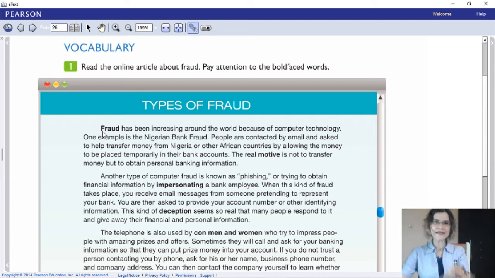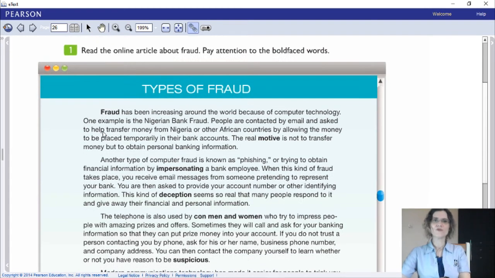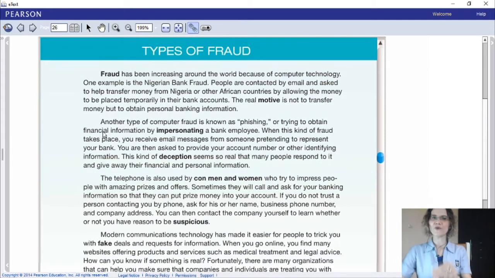So I'd like you to read the online article, Types of Fraud, and pay attention to the bold-faced words. And if, for example, it is hard for you to know what it is, you can look it up, use a search engine, write down the explanation, or maybe you would want to write on top of the bold-faced word what it is in Bahasa. Okay, you can pause your video and read.